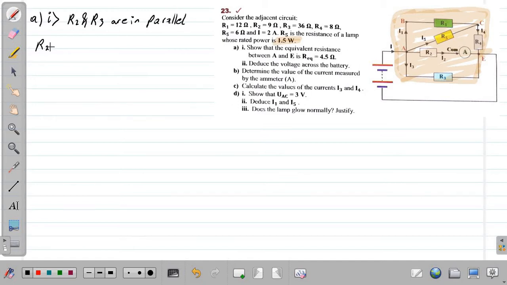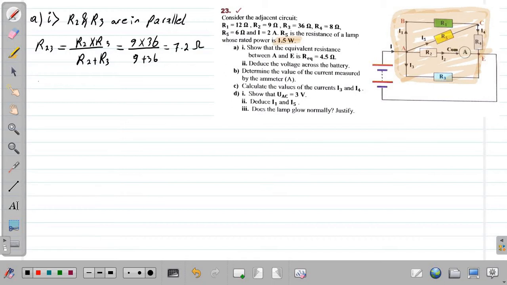نحن بنعرف إنه ال R equivalent للparallel بيكون if we have two resistors رح يكون ضربهم over summation لإلهم. R2 is 9, R3 is 36. Okay, 9 times 36 over 9 plus 36 equals 7.2 ohm.